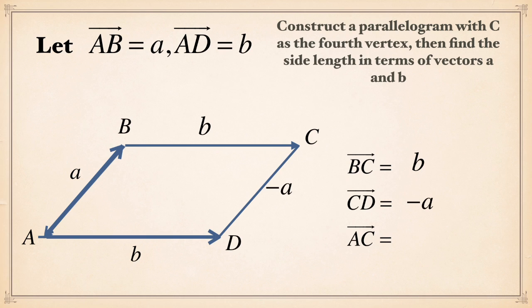So we call it minus A. And vector AC goes from corner to corner, which would be vector AB, tail to head, and then vector BC from tail to head, and you would add them up. So that would be A plus B.